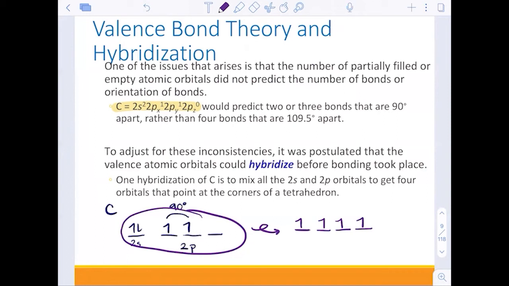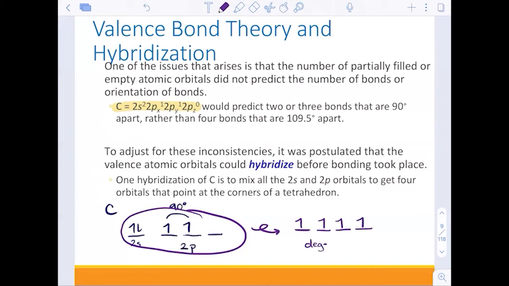We are literally taking very different substances, mixing them all together to make perfect identical cupcakes, hopefully perfectly identical. Now, that's hybridization. We take different atomic orbitals, mush them all together to come out with degenerate orbitals.